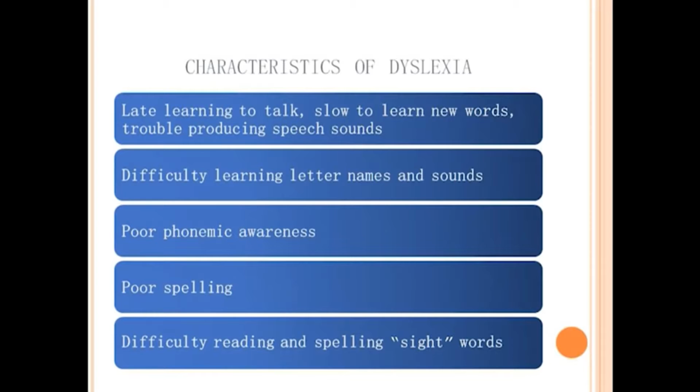As a consequence of not having mastered the letter and sound association, they have difficulty sounding out and learning unfamiliar words for reading. Typically, spelling is even harder than reading for children with dyslexia. Students with dyslexia generally have difficulty reading and spelling sight words.